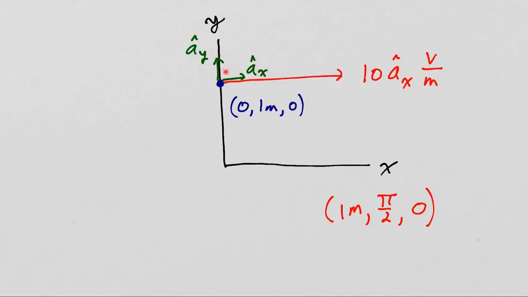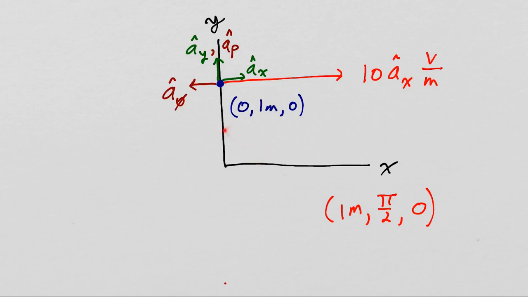Here are the unit vectors in the x and y directions. So this unit vector points in the direction of increasing x value, this unit vector in the direction of increasing y value. At this point, the direction of increasing rho is the same as the direction of increasing y, so here is our unit vector in the rho direction.